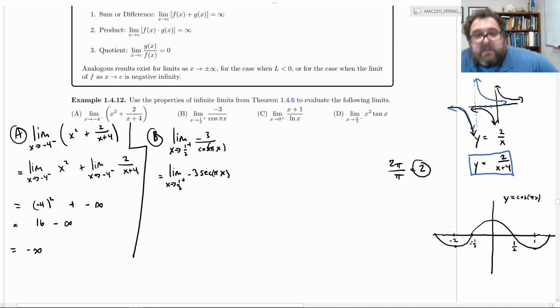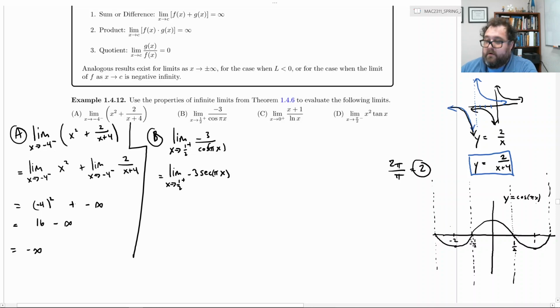Okay. Now, so far we've been talking about cosine. The reason I was talking about cosine is because that's how I get secant. Because with secant, wherever cosine has an x-intercept, you put a vertical asymptote. Let's put a vertical asymptote right there, and right there, right here, right here.